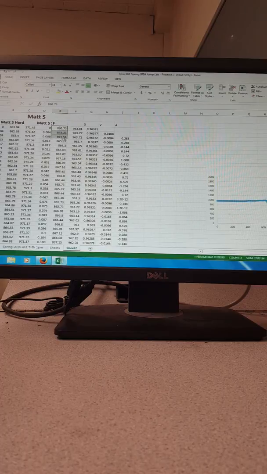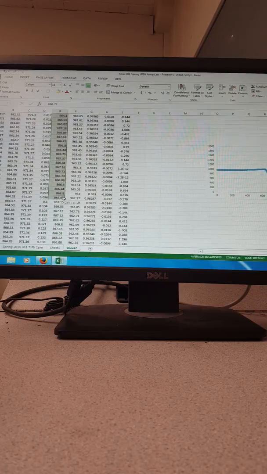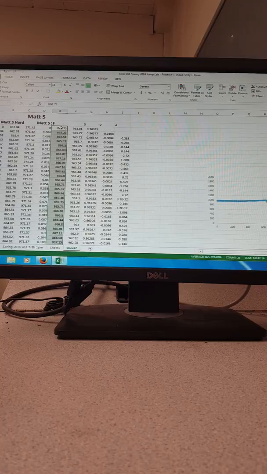So notice how this number is not changing, which means what? That's his weight. If the number is not changing, that represents the force. It means this person is standing still. Okay? So to figure out their weight, I know this is their weight. It's 865 newtons, right around there. 865 newtons is their weight.